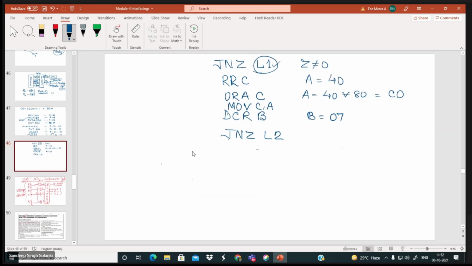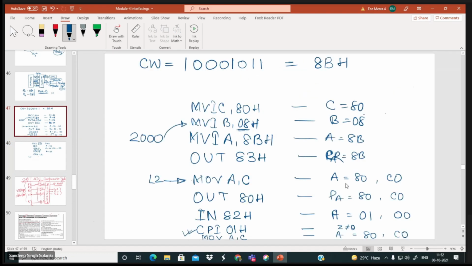So L1 has to be there. Definitely L1 will come here. So in this time, what are we supposed to write here? That was my question. And just think that you want C0, because this time you are carrying accumulator with C0.